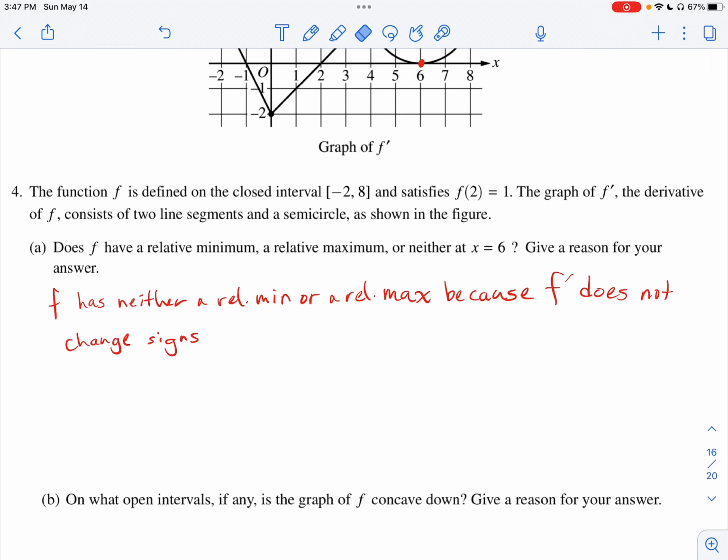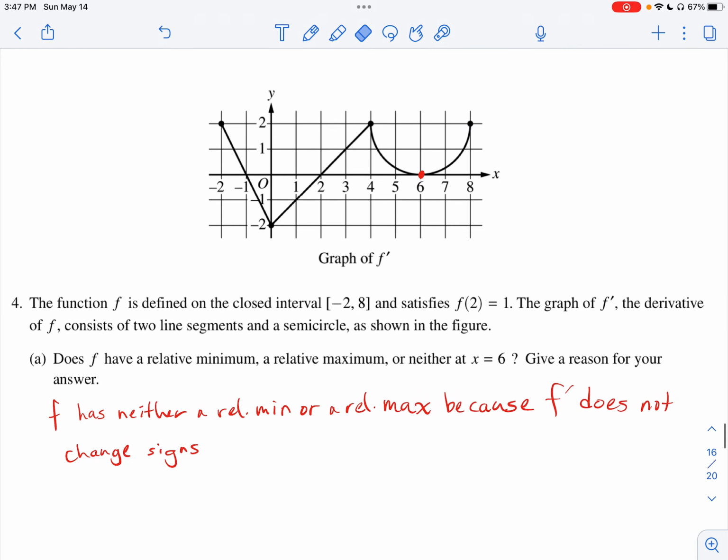In order for it to be concave down, we know that the second derivative must be negative. So what we're looking at is the second derivative of f. The second derivative is the slope of the tangent line of f prime, the rate at which f prime is changing. So we need to go through this graph and look at the slopes.